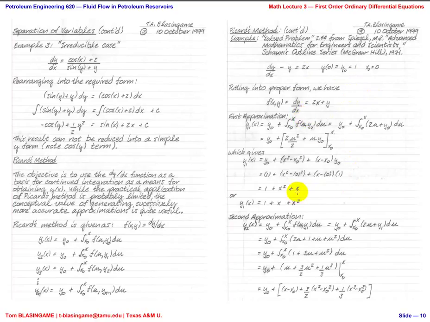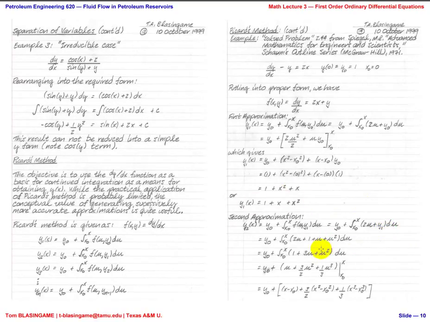So doing so, you get the first approximation of this method. The second approximation is done in a similar way, again integrating the function, but in this case you're going to use y1, which is given by this.